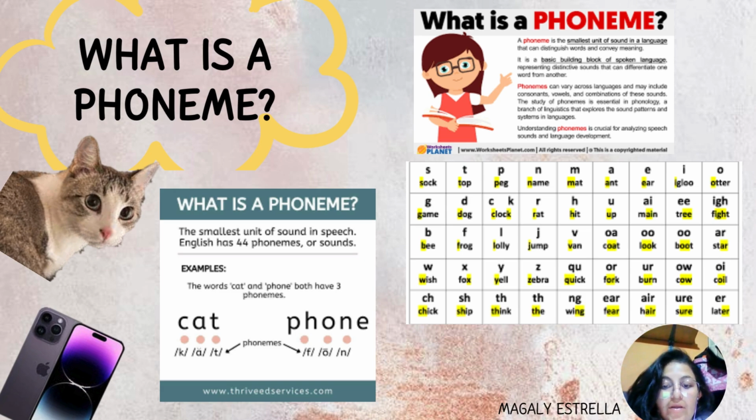For example, in English, the words pat and bat differ in meaning due to the initial sounds P and B. The sounds are different phonemes because changing one for the other alters the meaning of the words. The words beat and bit differ because of the vowel sounds, which are also different phonemes.